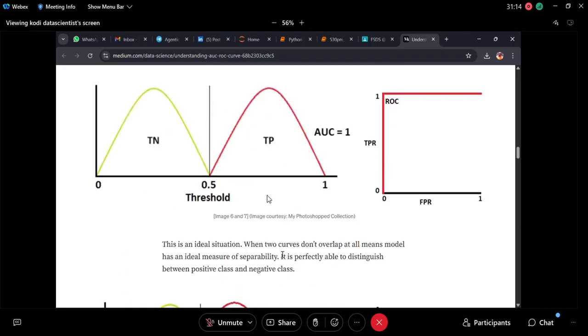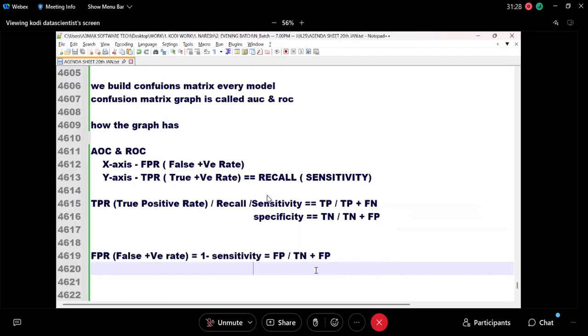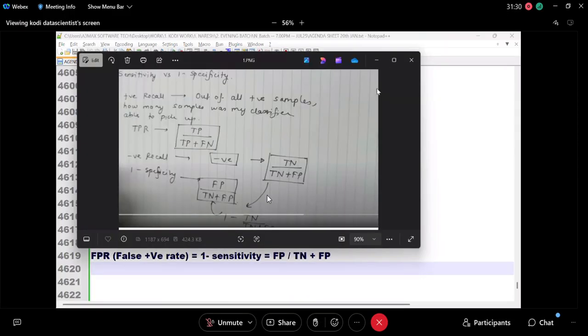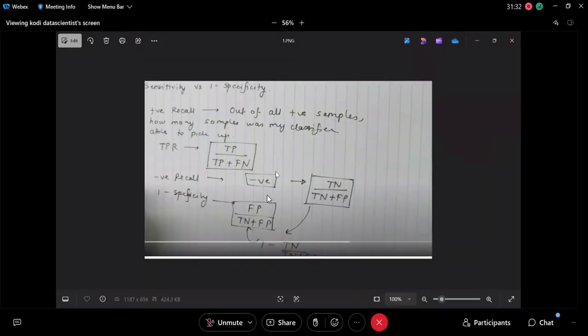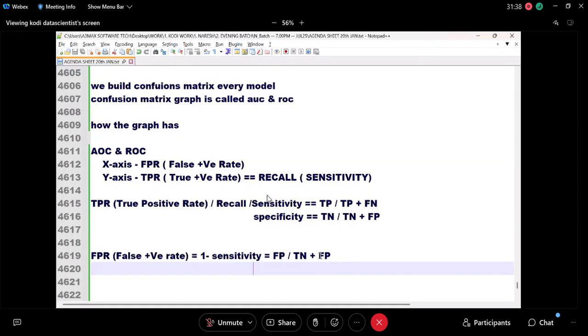Now let's get back to the solution. Online team, are you clear? Please answer. Yes, guys. Great. Now let's understand the math and then I will try to build a graph. Everything will be clear. Sir, it's 1 minus specificity.